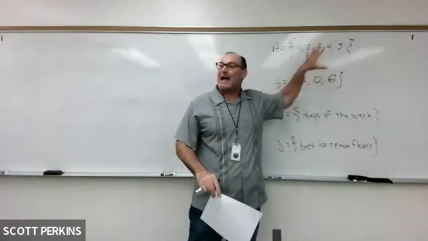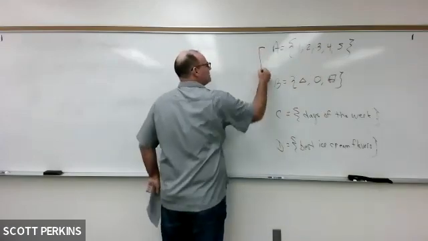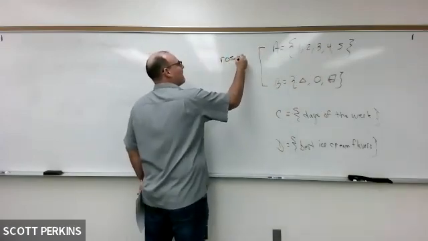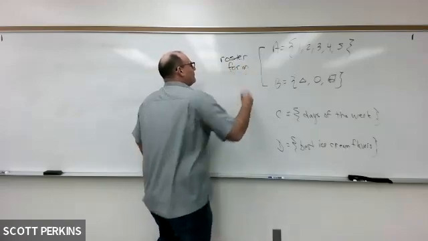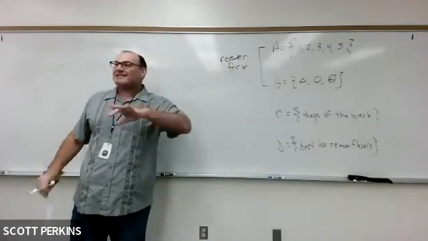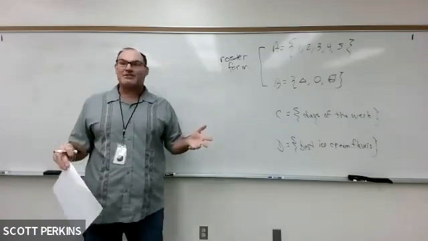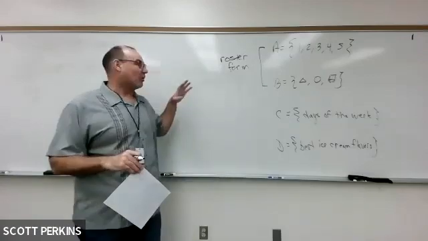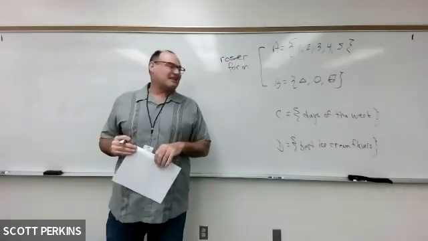You can see exactly what the elements are. These two sets are in what's called roster form. For us in this class, that's going to be the most popular way to write down our sets, is roster form. Everything's going to be listed out.